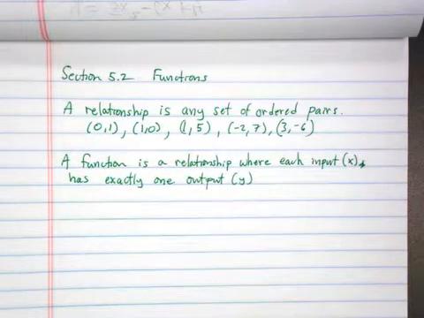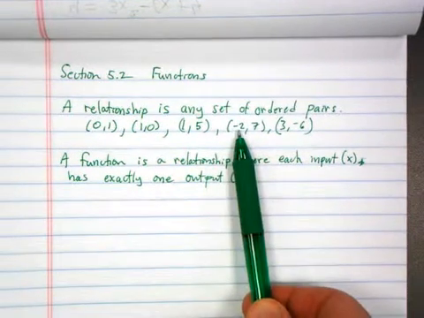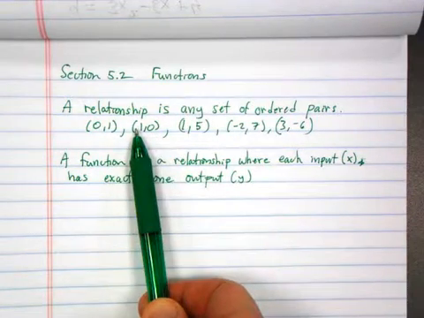I think there's one input for X that has more than one output. Which X number has more than one output? How about the last one, -2? No, -2 only has one output. 1. 1 has two outputs, doesn't it?